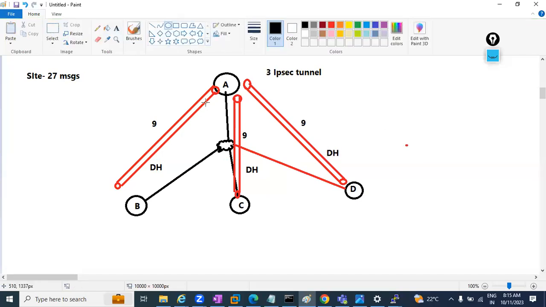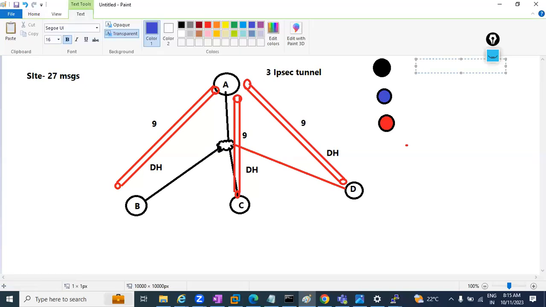So this side would have three different keying materials: the keys for site B, for site C, and for site D.